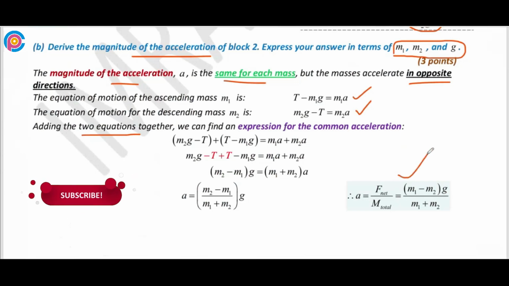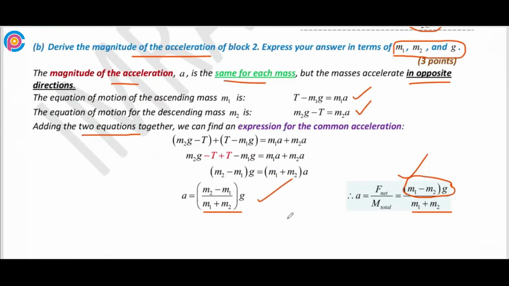We can arrange this as F net over M total. The denominator is the total mass, and in the numerator we have M2 minus M1 into g, which represents the net force acting on the system. This is the acceleration magnitude we are discussing, not the direction. That's the solution of part B.